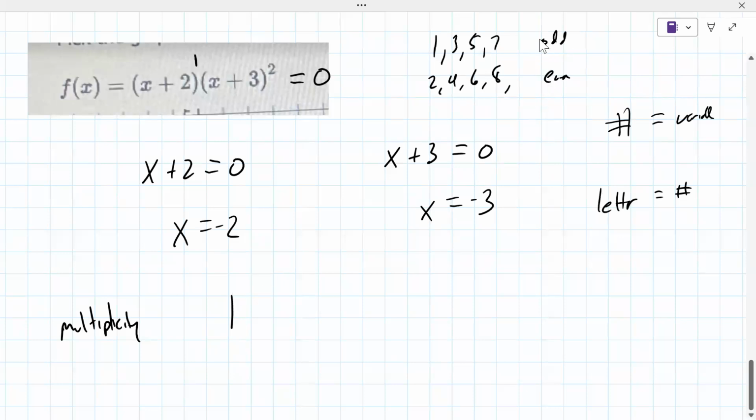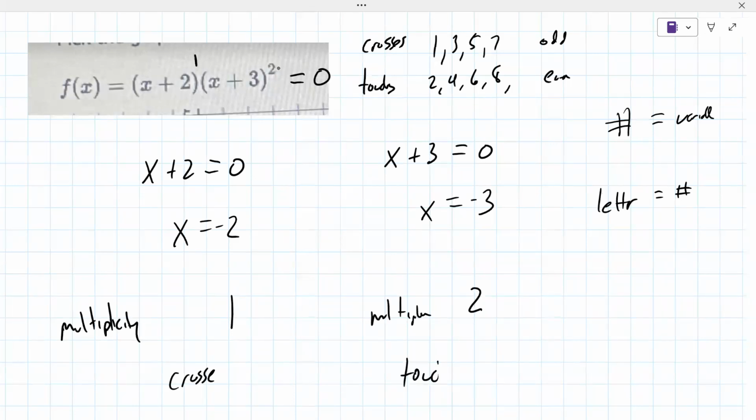If it's odd, does it cross or touch? It crosses. Yeah, it crosses. Remember, it touches or bounces at the even ones. The multiplicity at -3 is the exponent here. The exponent here is 2. We know that it touches.